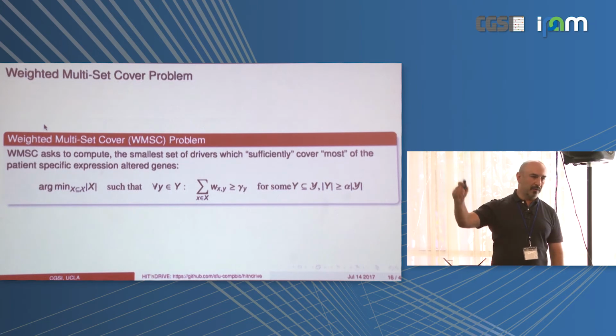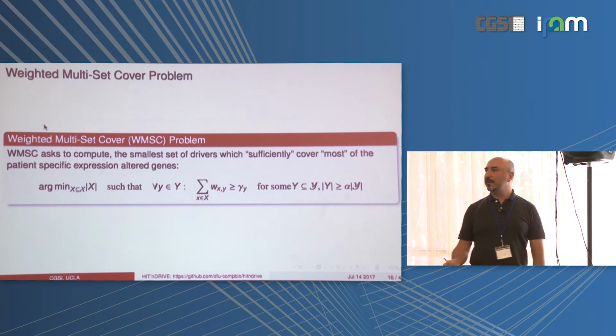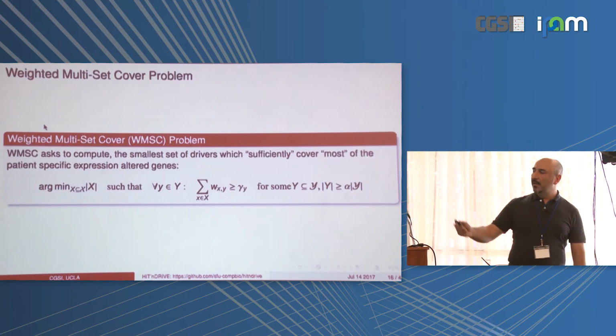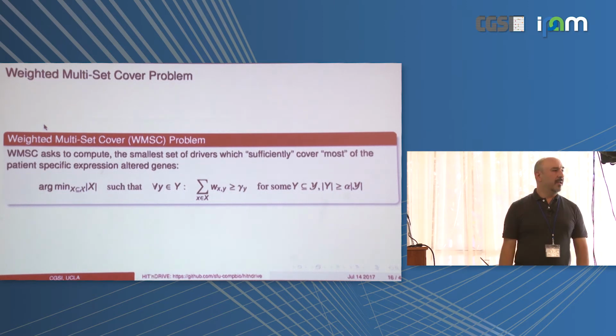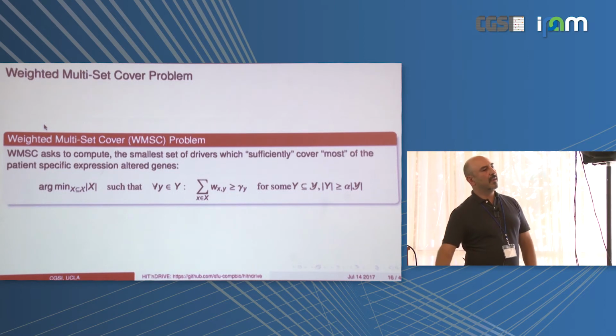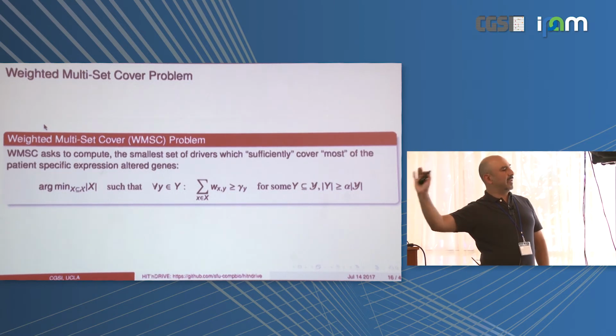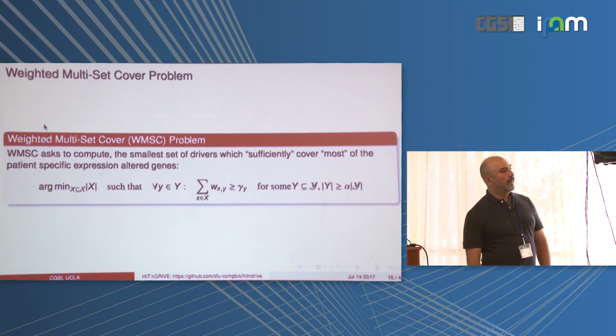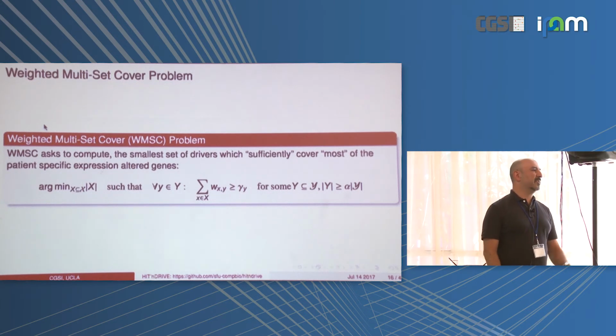I'm not going to go through every single detail of the formulation, but there's one parameter, alpha. I don't insist that I cover every single outlier. There's a proportion of these genes that I'd like to cover. Maybe 90% of them, 80% of them. The more I'd like to cover, obviously, the more drivers I have to pick.